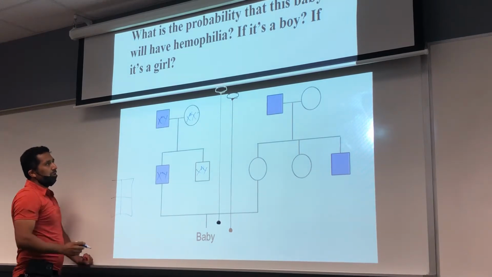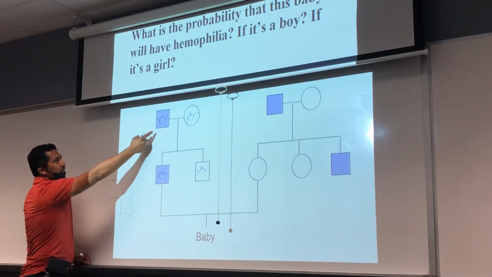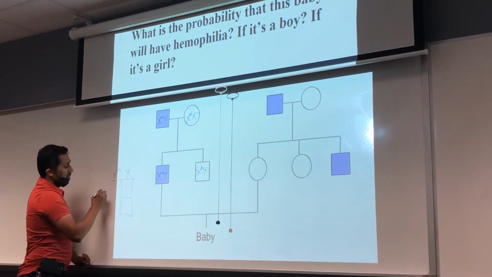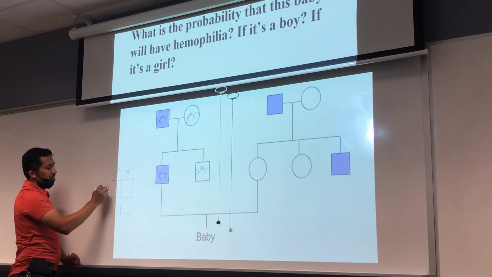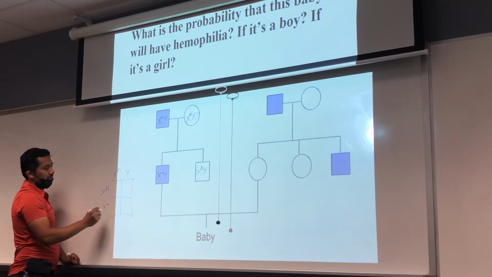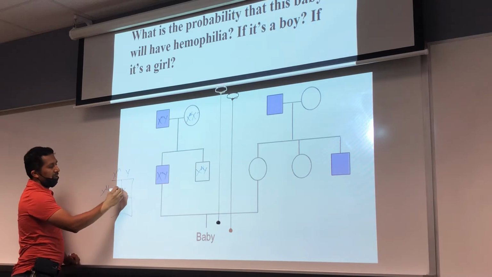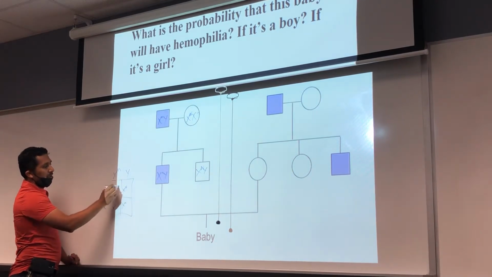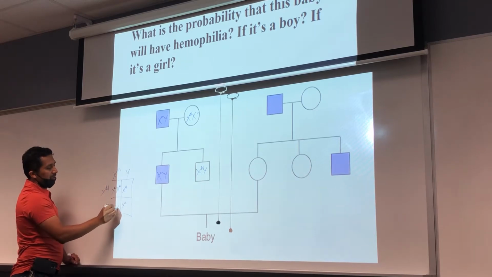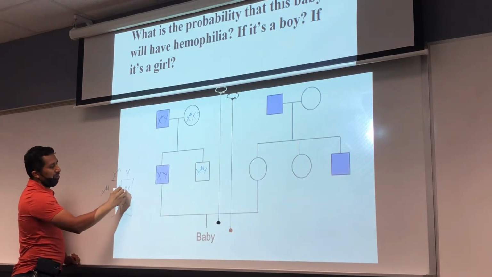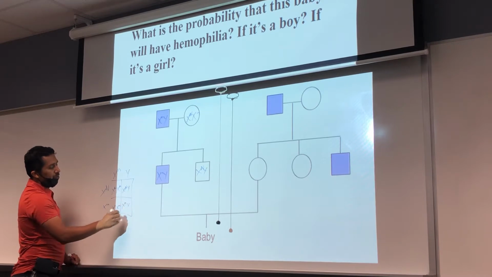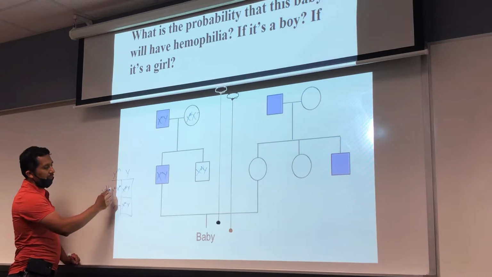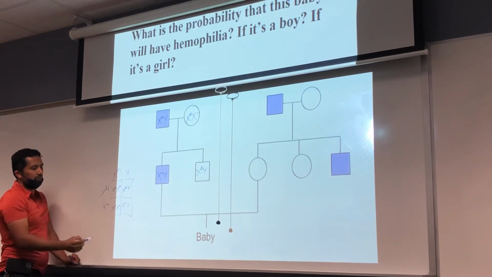Do the monohybrid cross where you have this one, the X^N Y, and that one, the X^N X^n. So you give the big N, little n, here the X^N, here the Y, and the Y. So you have here the males and the females.